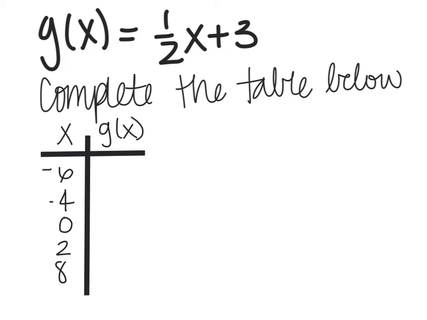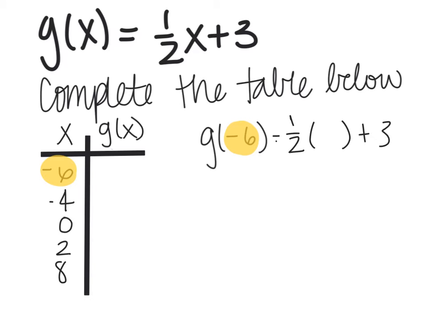So the first time I'm going to find g of negative 6 because that is my first x value here. And so every time I see x, I'm going to plug in a negative 6. So the problem originally equaled 1/2, and instead of x, again, I'm going to plug in negative 6 because that's the x value.